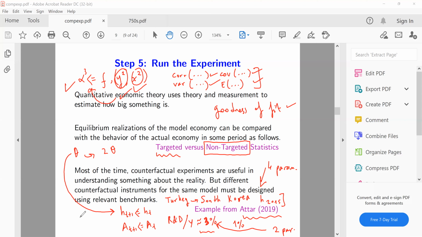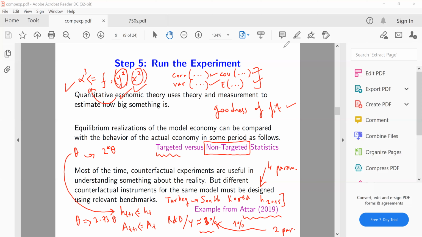So the increase in theta would be 2.73 theta. Okay, so not just 2 as a made up number, but instead 2.73, just to imply Turkey and South Korea have the same level of human capital in 2050. So that type of benchmarking is important in designing counterfactual experiments. Otherwise, it is not really comparable.